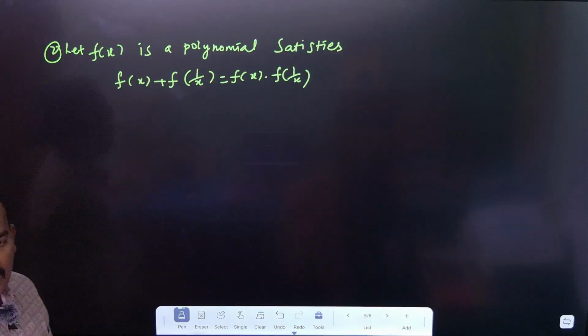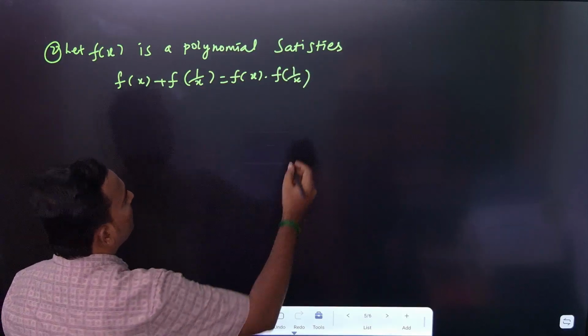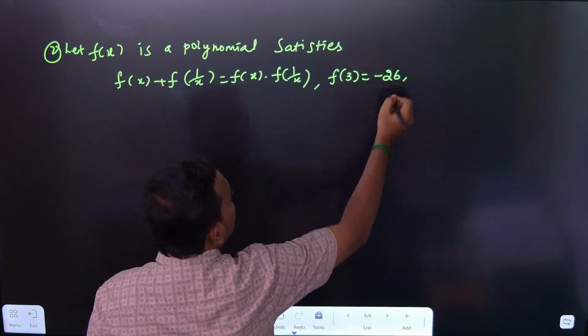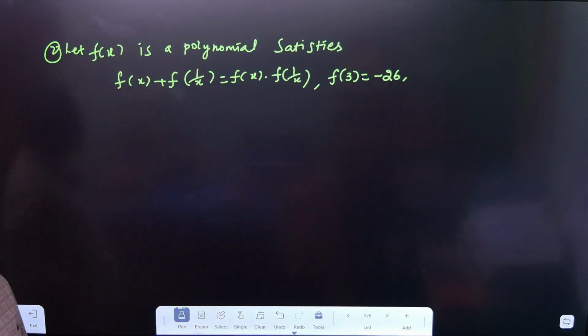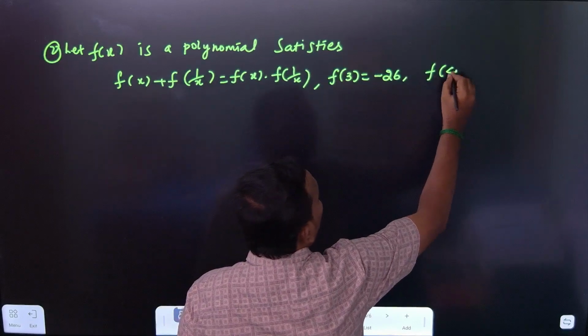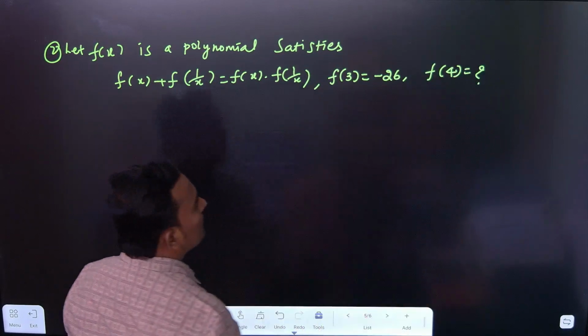And some condition is given to you. If you put 3 in this, f of 3 is equal to minus 26 is given. So we need to calculate f of 4.